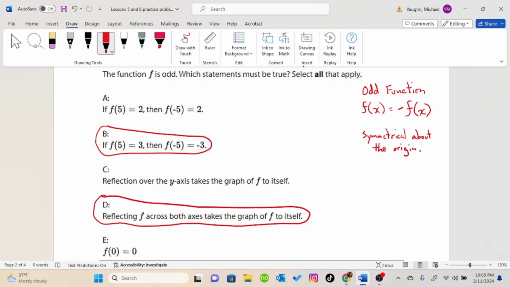And finally, f of 0 equals 0. Remember, we said this is symmetrical about the origin. That means our graph needs to go through the origin, and therefore f of 0 is going to equal 0. So this is what it means for a function to be odd.